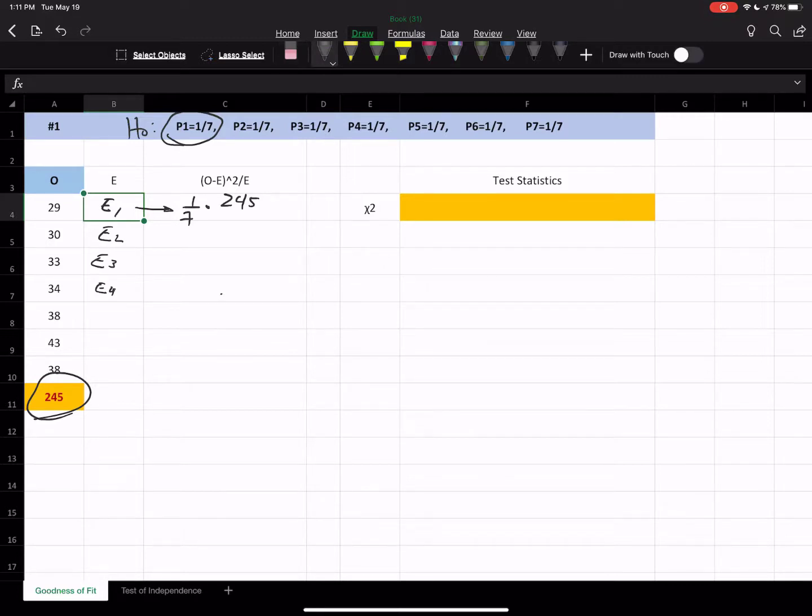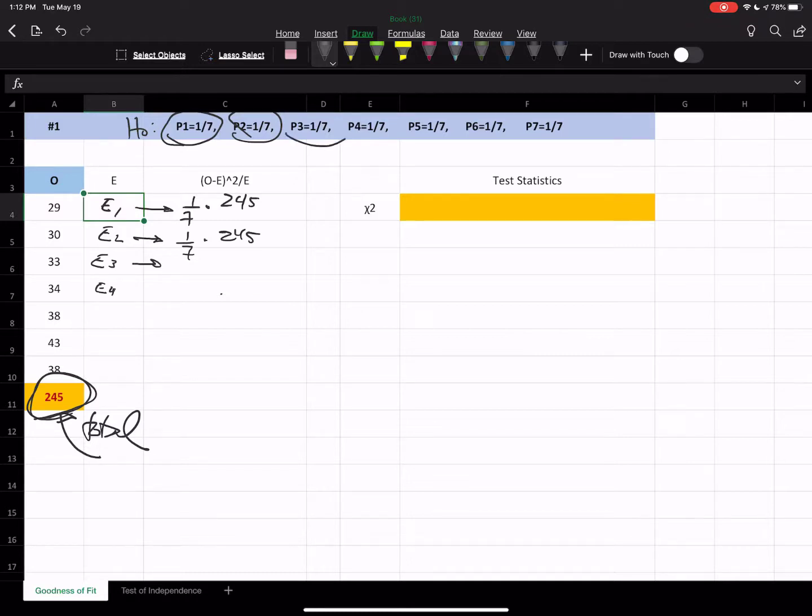Now, how do you calculate the second expected frequency? Well, you take the second probability, which happens to be the same, and you multiply it again with the same thing. That never changes. You always multiply it by the total, so you multiply that by 245. Well, let's look at the 30. How do you figure that out?